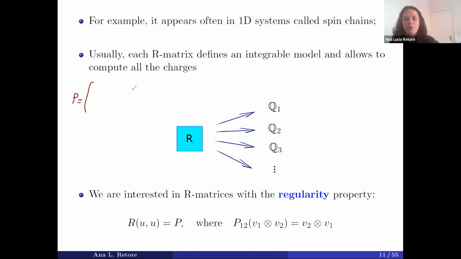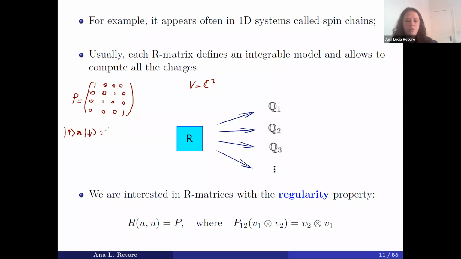For example, let's say our vector space is C2. It's really like I'm just choosing a representation here. This is a much simpler statement. We are not yet in the braid groups or coproducts or anything deeper. So if you act with P on something like up, down, these will invert.